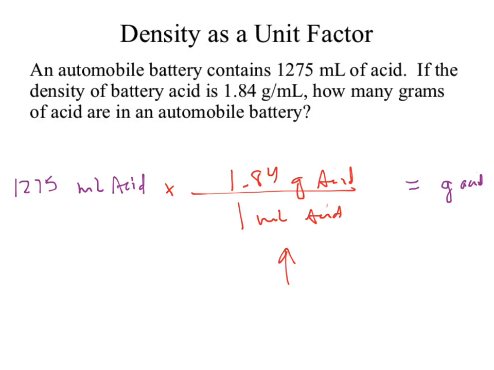And this is one of the questions that you will encounter when you don't know the units, is you won't know where to start. I think it's easier to start with a unit that you know you want in your answer, place that where you want it to, and then start to cancel stuff out. If you don't know, find something that compares. Why would I place 1275 milliliters of acid in the numerator? Well, milliliters doesn't show up in my answer, but what does?